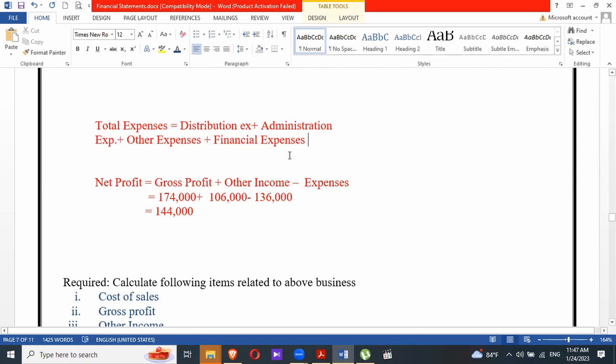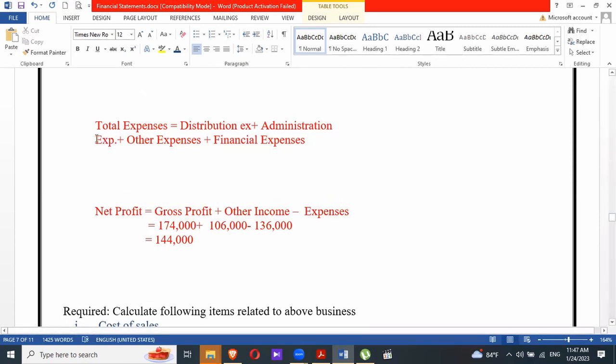How to take the total of expenses? We can write here distribution expense total is 45,000 plus administration expense total is 51,000 plus other expense total is 18,000 plus financial expense total is 22,000.